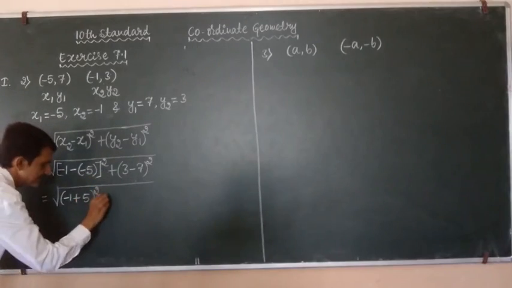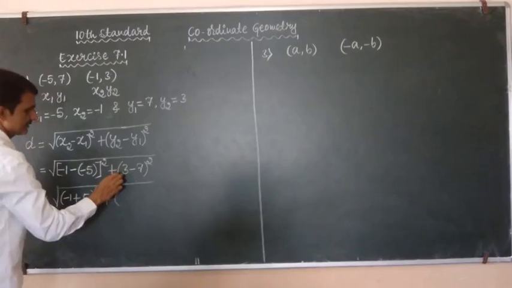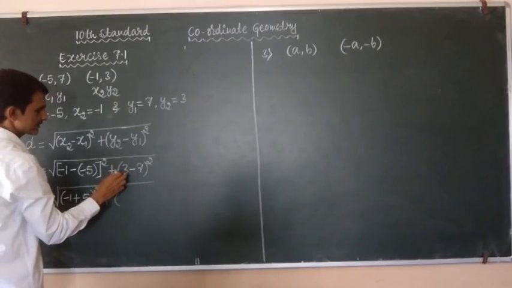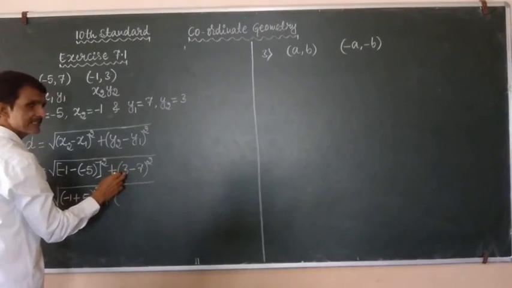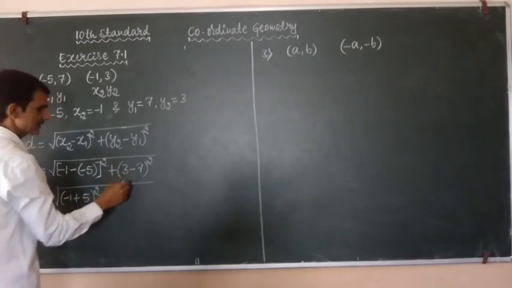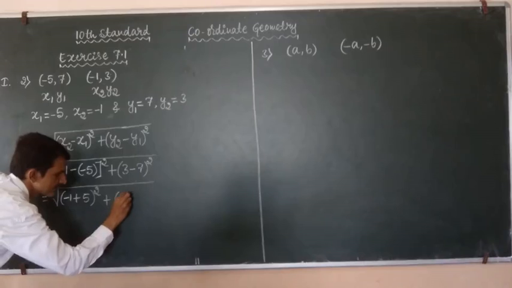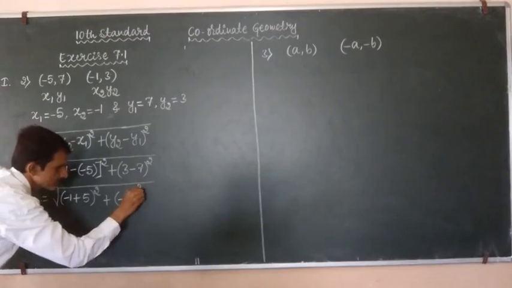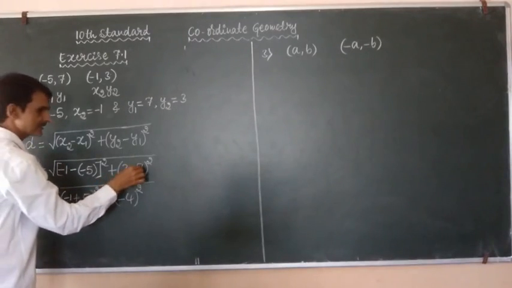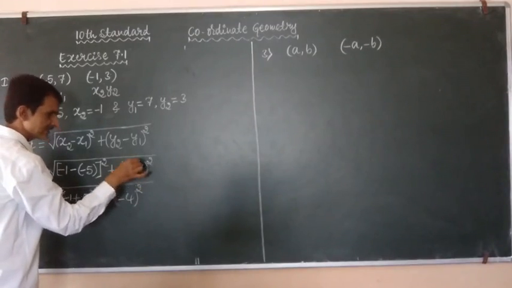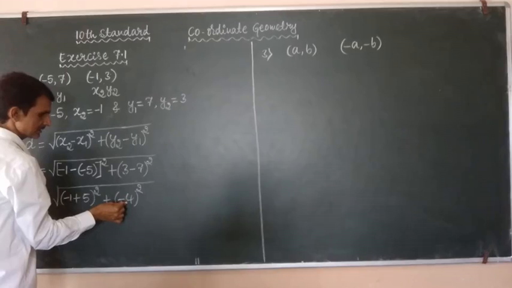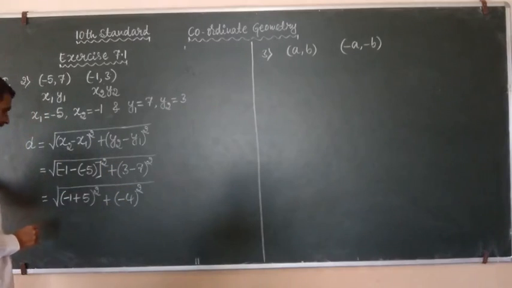So plus, observe here now. Subtract 7 from 3. 3 minus 7, so it will be minus 4 square. When 7 is subtracted from 3, the bigger number is 7, so the answer is minus 4.